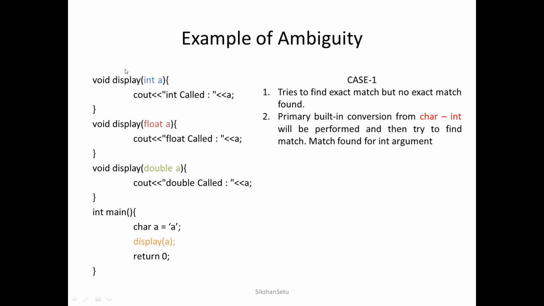Yes, we have this, and the compiler finds the match. So this particular function call will be bound with this definition, and this is how a function call and a function definition are bound with each other. So this is fine, no ambiguity here.